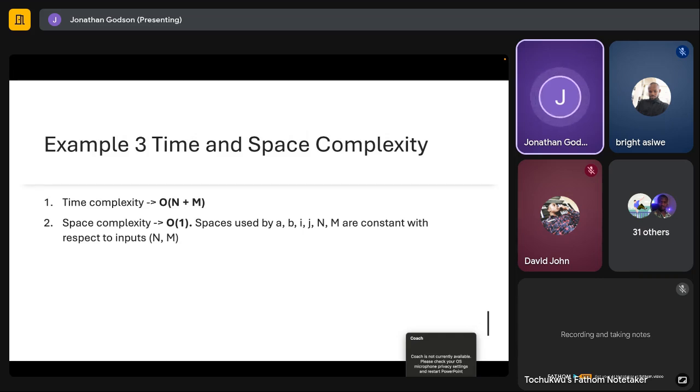Then you are going to do a copy, then increase the size of the array. So the memory is no longer equal to the original memory at the start of the application. In that case, the memory requirement or the space complexity is not constant. It changes as the input size changes. But in this particular example, no matter the input sizes n and m, the amount of memory required to run this algorithm will still be constant. That is what this means.